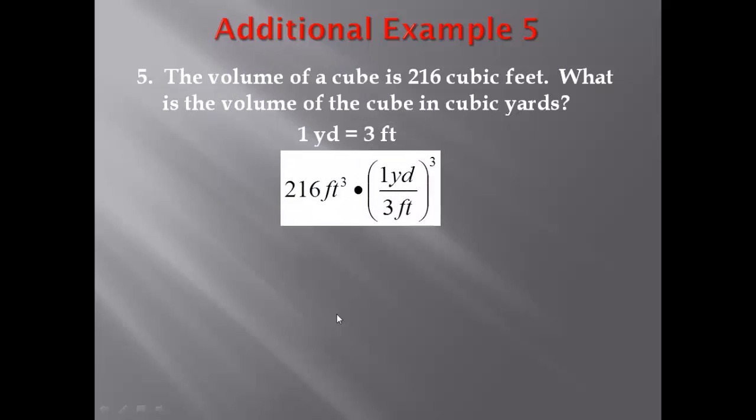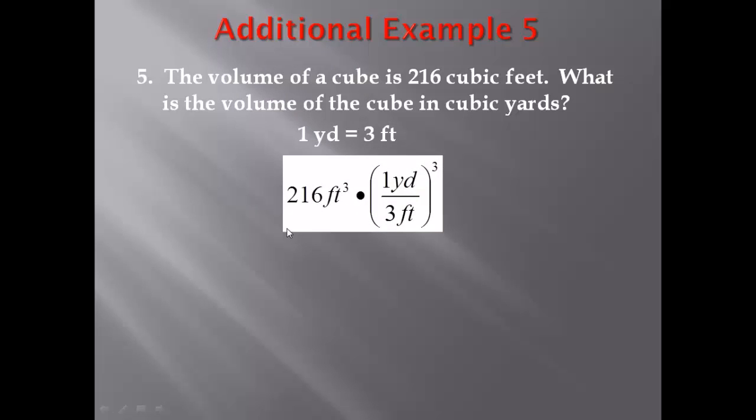So when I set this problem up, I have 216 cubic feet times my conversion factor, which was 1 yard over 3 feet. I need cubic yards and cubic feet, so I need to cube my conversion factor. This means I would do 1 times 1 times 1 for the numerator, or the top, and 3 times 3 times 3 for the bottom.